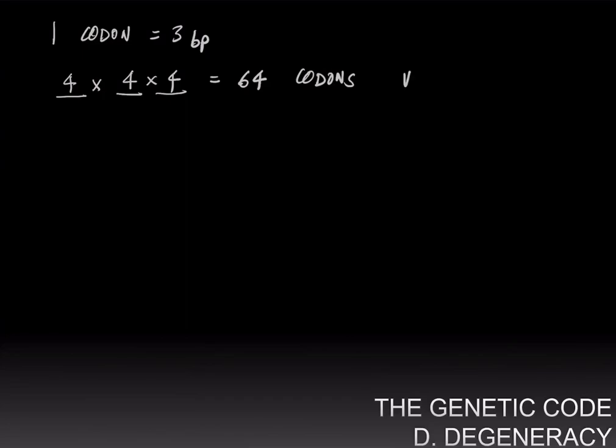However, we also know that there are 20 amino acids. And therefore there's an excess of 44 codons. And the question is, what do the extra codons do?